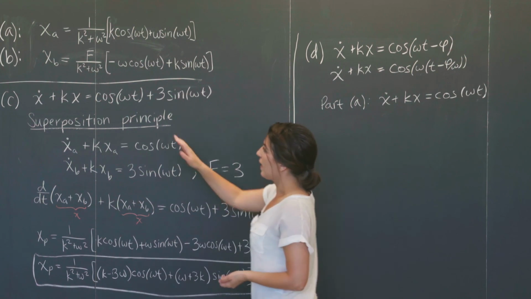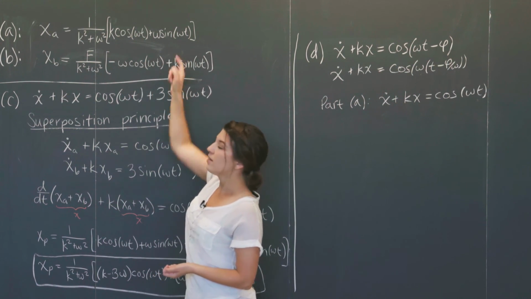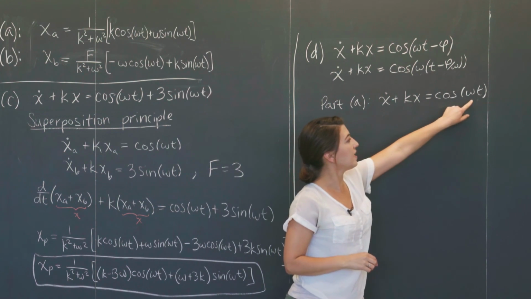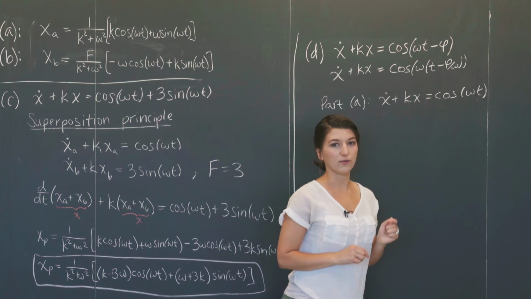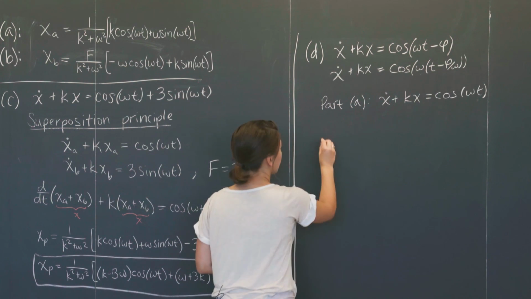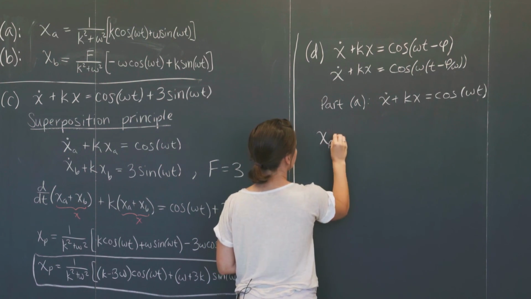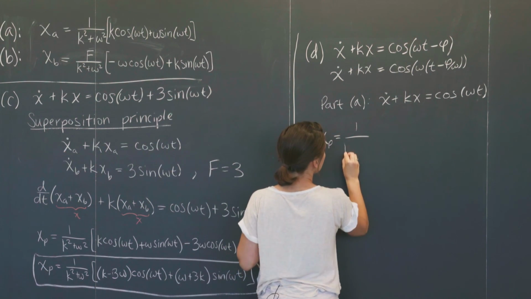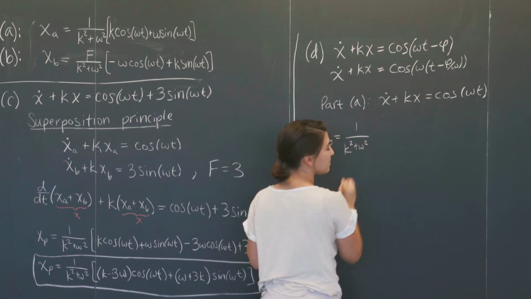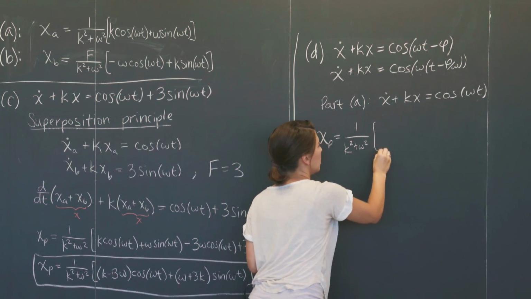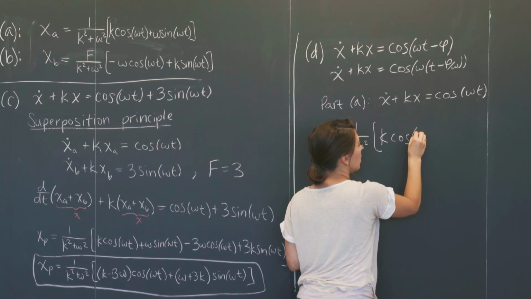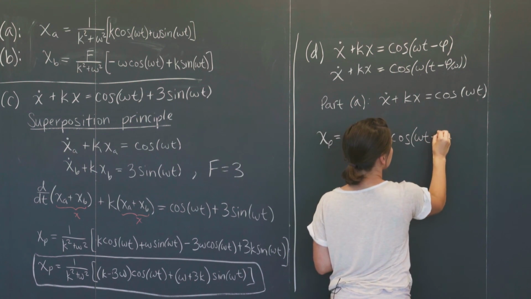So if we look back at our solution from part A, our solution for part D will be the same, except that instead of t, we'll write t minus phi over omega. So let's write that here. So x sub p for part D is going to be equal to 1 over k squared plus omega squared times k cosine of omega t minus phi.